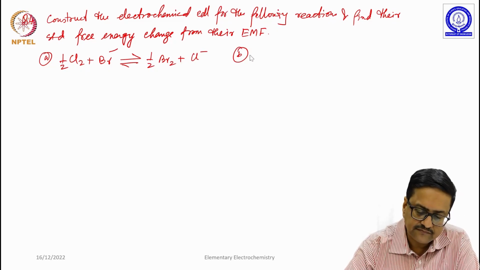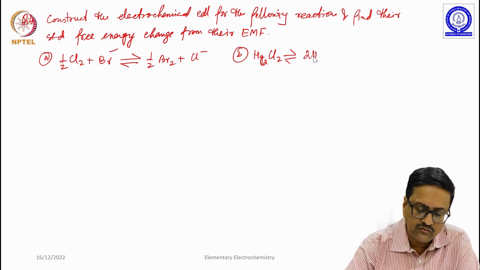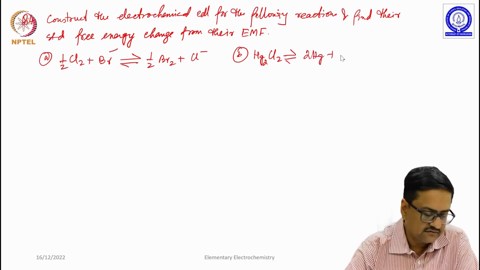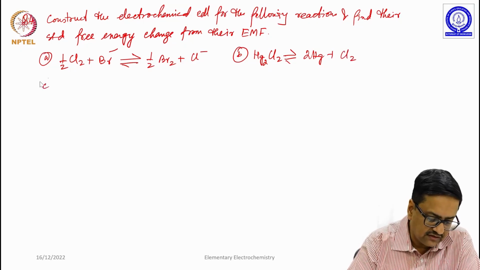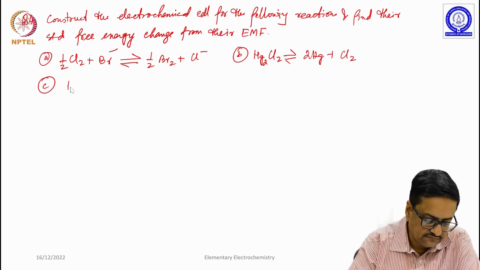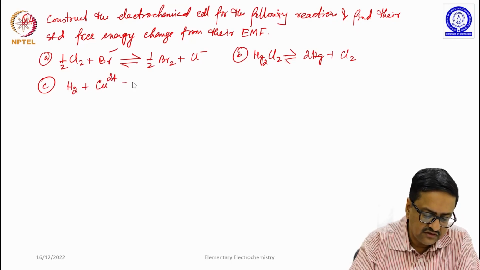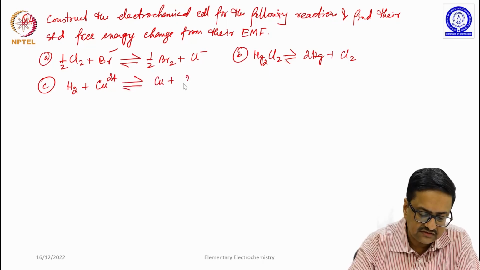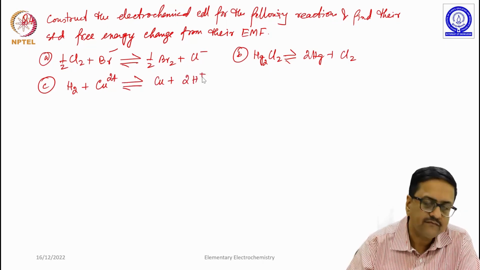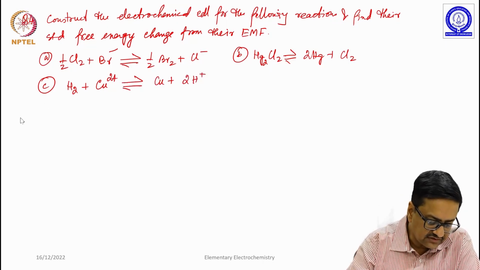B is Hg2Cl2 is in equilibrium with 2Hg plus Cl2, and C is H2 plus Cu2 plus in equilibrium with Cu plus 2H plus aqueous, right. So, let us try to solve A.